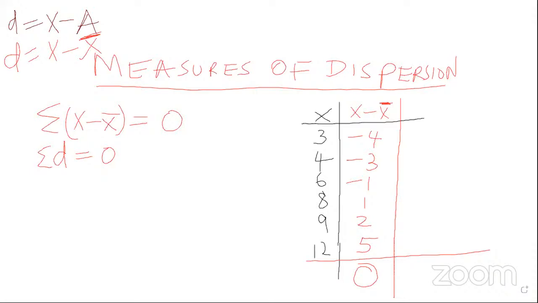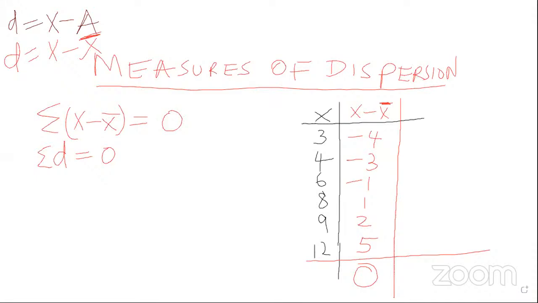We think of a mathematical transformation, a mathematical operation that is going to change our numbers from adding up to 0 to adding up to something. And the only logical transformation here is to change the negatives to positives.